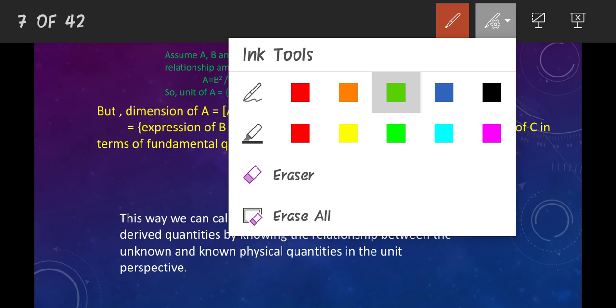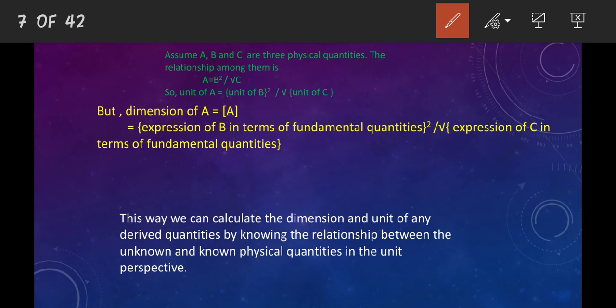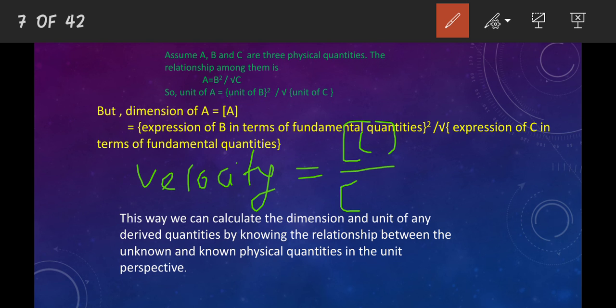So for example, take acceleration, or first velocity. Velocity is equal to displacement by time. Displacement means length, so that is capital L by capital T, and capital T comes up and takes the power minus 1.